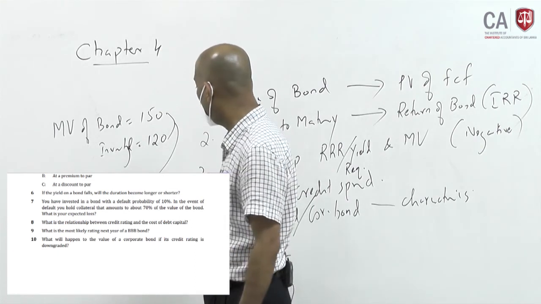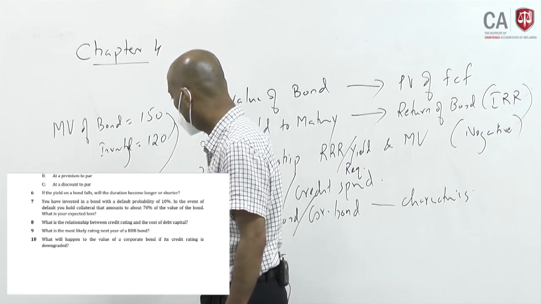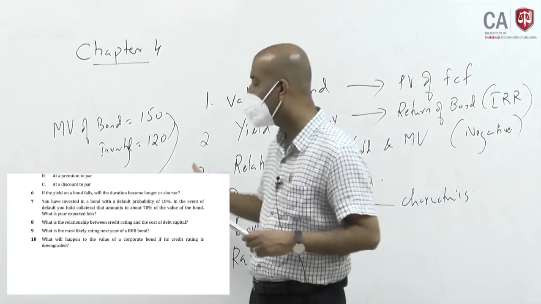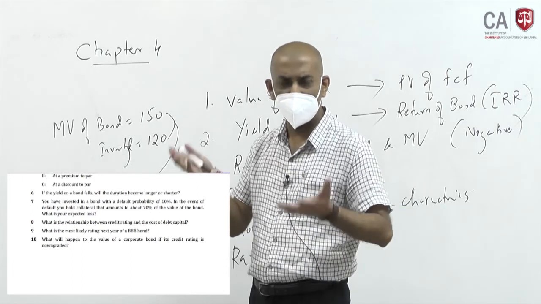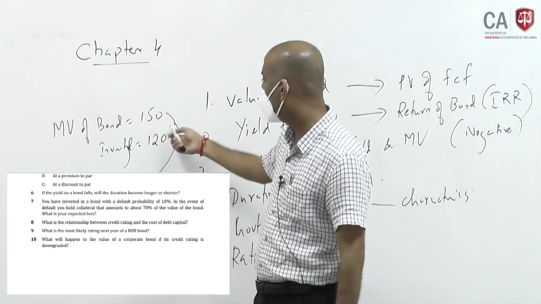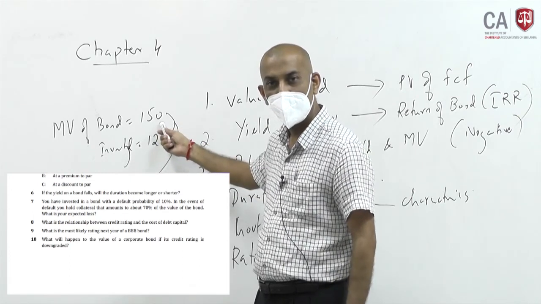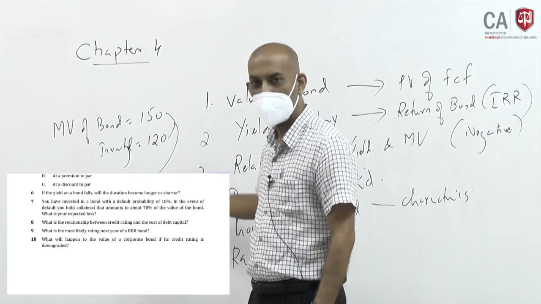So the difference of 30 is called capital gain. So your bond has increased its value due to interest rate change in the market. So your market value of the bond has become 150, whereas you have invested 120 rupees. So that 30 rupees is called capital gain.